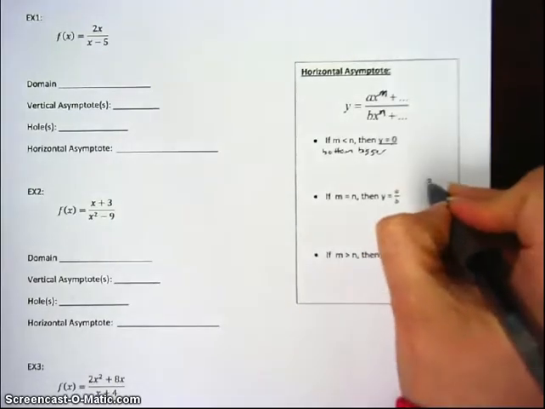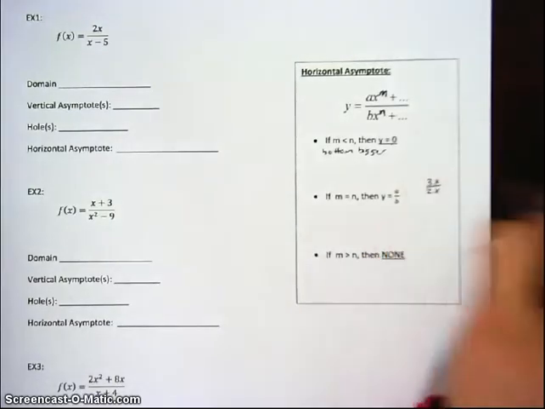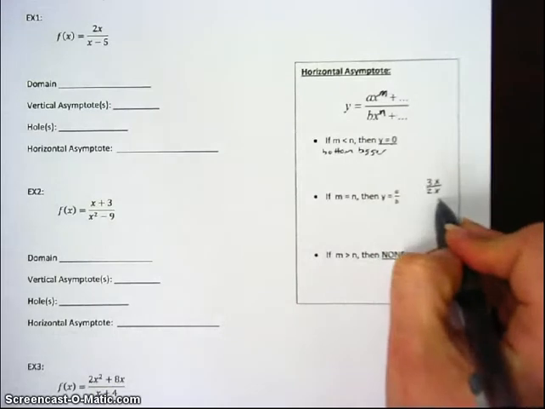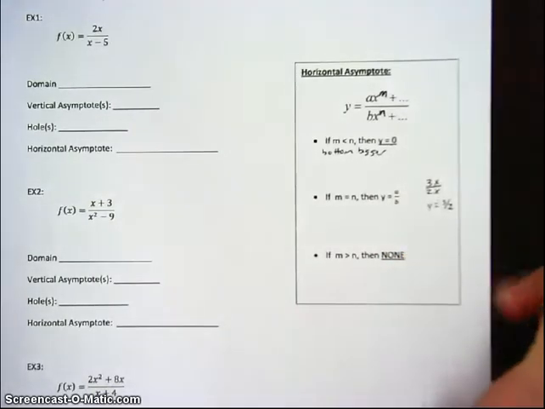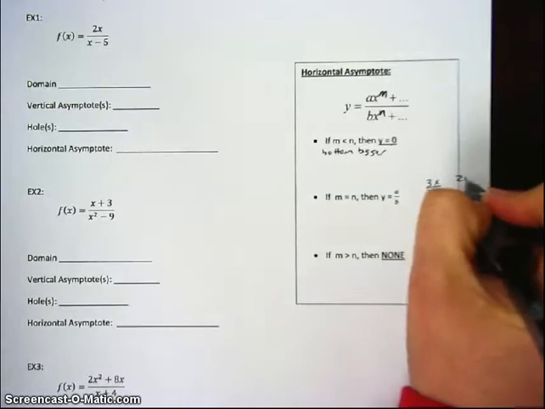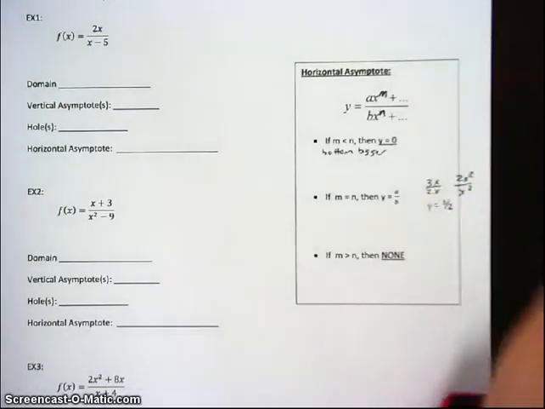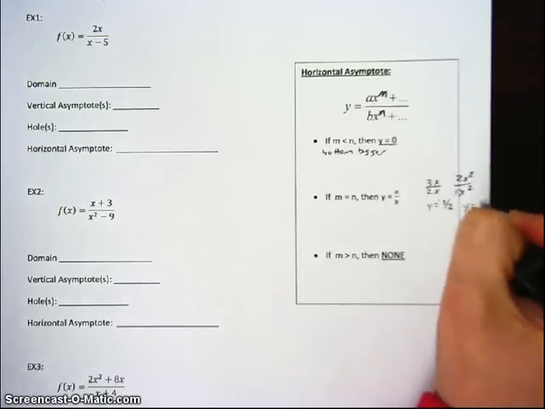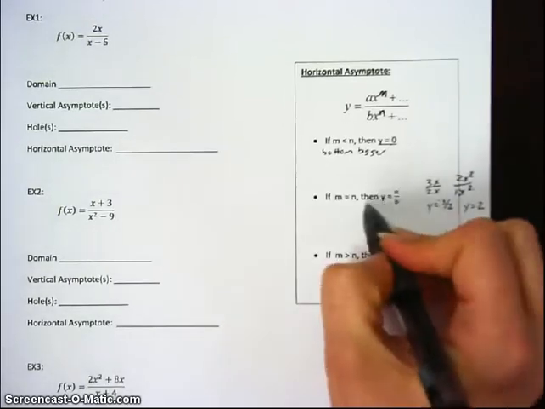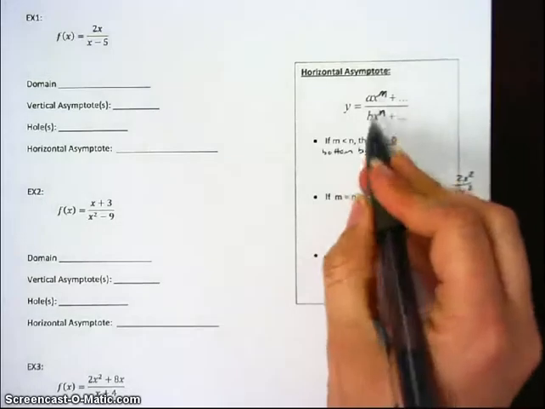So if we have 3x over 2x, we'd have a horizontal asymptote at y equals 3 over 2. If we have 2x squared over x squared, since we have a squared and a squared, our horizontal asymptote would be y equals 2 over 1, or just y equals 2. So if they're the same, you're going to use the ratio of their coefficients.